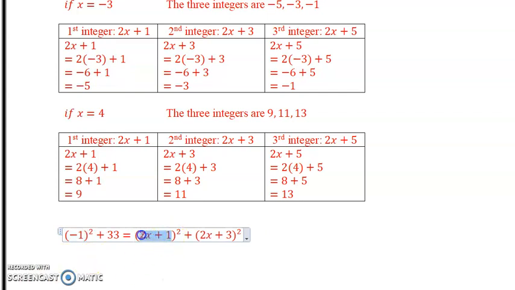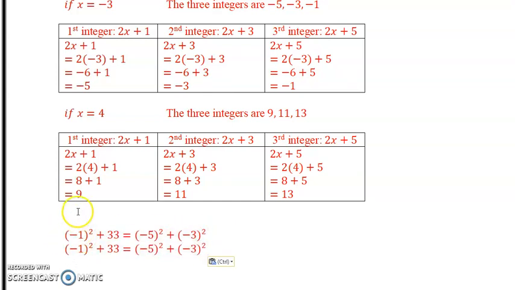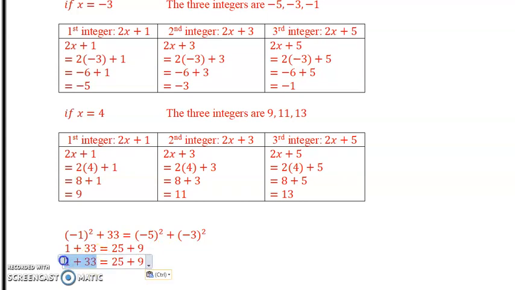The smallest integer is -5, and the second smallest is -3. So -1 squared is 1, -5 squared is 25, and -3 squared is 9. 1 plus 33 is 34, and 25 plus 9 is 34. So indeed it does work.